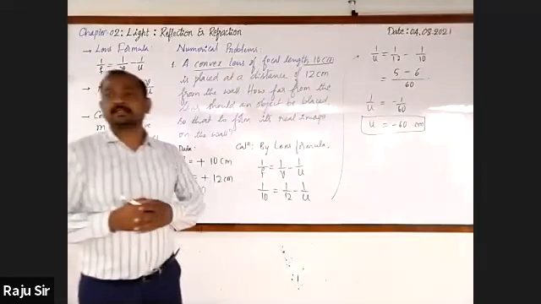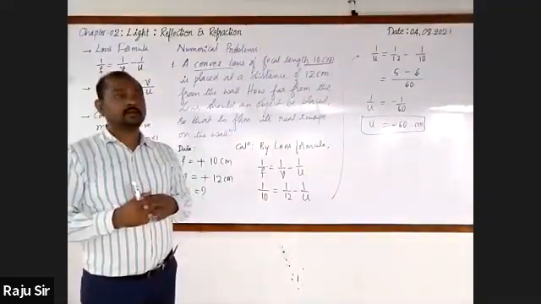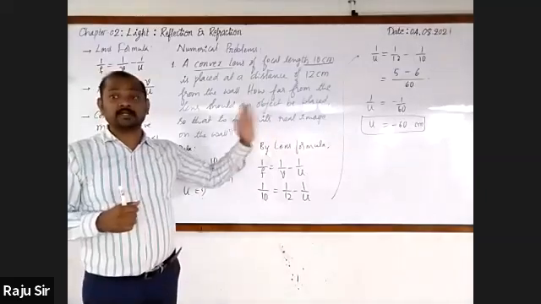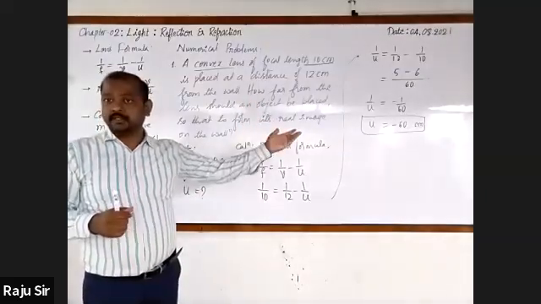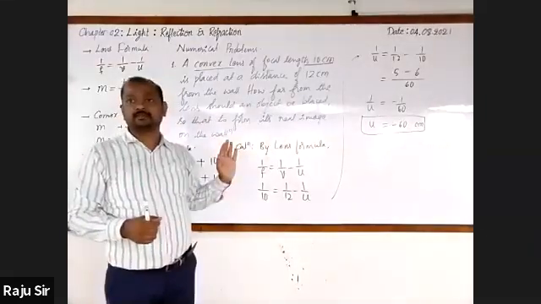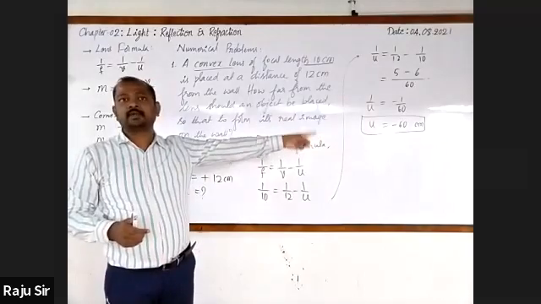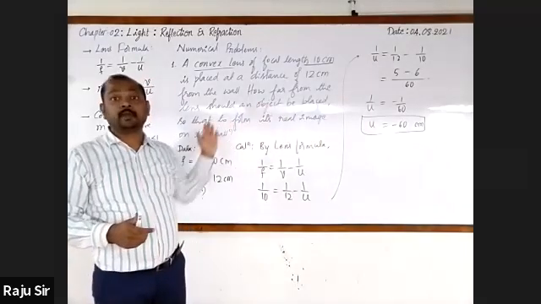At what distance should the object be placed from the lens? 60 centimeter. Don't say minus 60. Minus sign indicates distance is measured in the direction opposite to the light. Got it? Object should be placed at a distance of 60 centimeter from the lens.